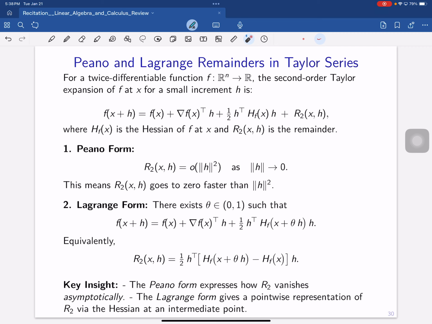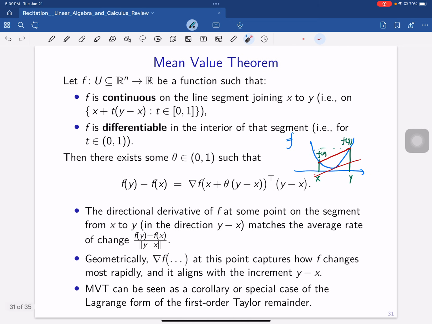And then the mean value theorem holds for any arbitrary order, right? So the mean value theorem is nothing but the Lagrangian form applied to the first order, right? Instead of approximating the Hessian, you approximate the gradient, okay? So this is a very useful theorem to remember when you try to prove some properties, okay?